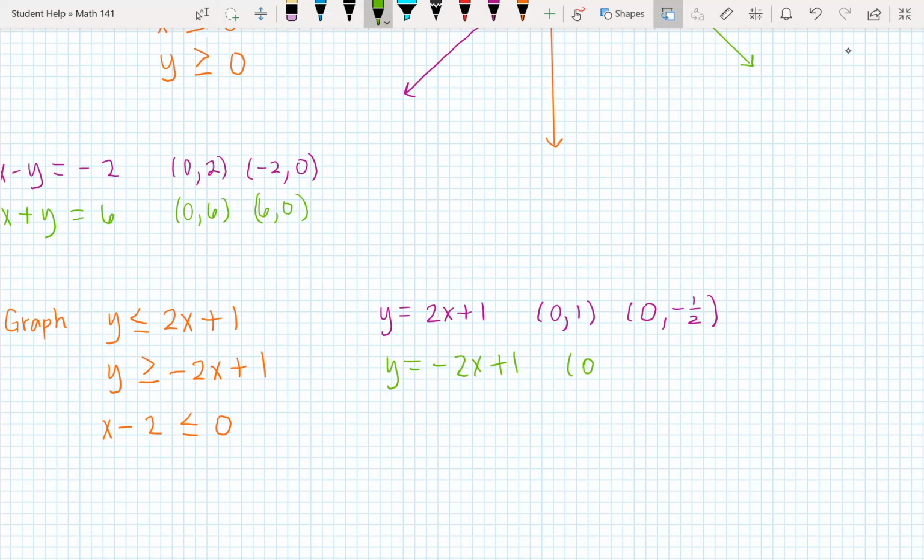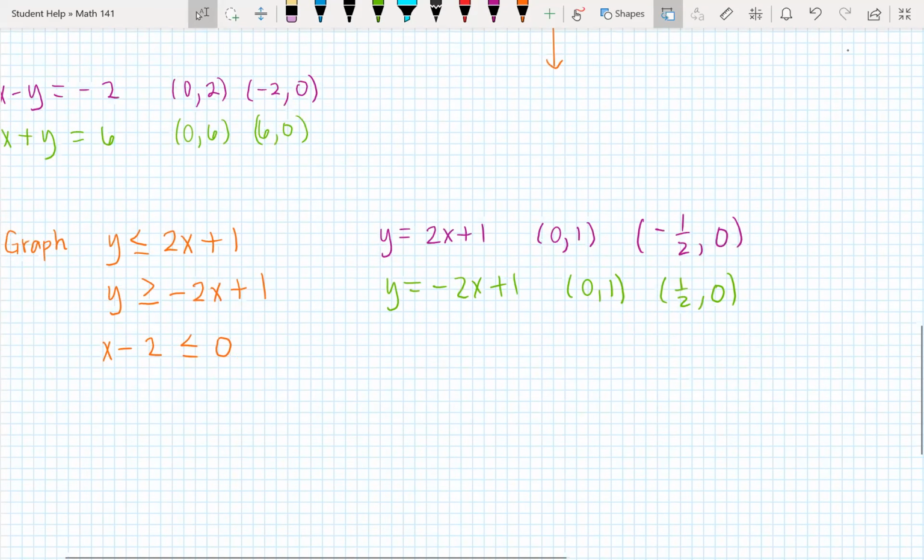So we have the points 0, 1 also. Oops. And, oh, yeah, see, I knew that I had done that incorrectly. When x is 0, y is 1. When y is 0, this should be a negative 1/2. Goodness, I knew that was wrong when I wrote it. Negative 1/2, comma 0. There we go. And then this one will be 1/2, comma 0. Right? Yeah.